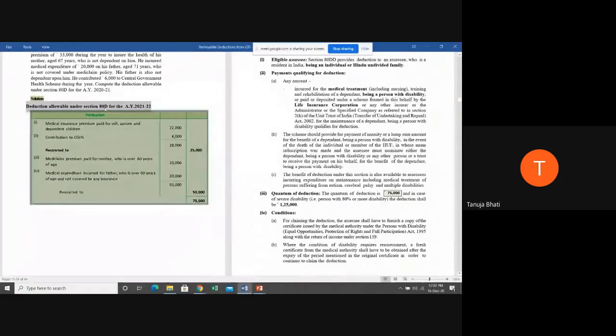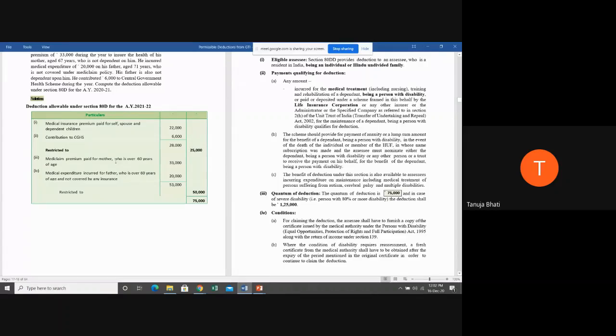Deduction allowable under section 80D for assessment year 2020-2021. Medical insurance premium paid for self, spouse and dependent children, 22,000. Contribution to Central Government Health Scheme, 6,000. So total becomes 28,000, but this is restricted to only 25,000.